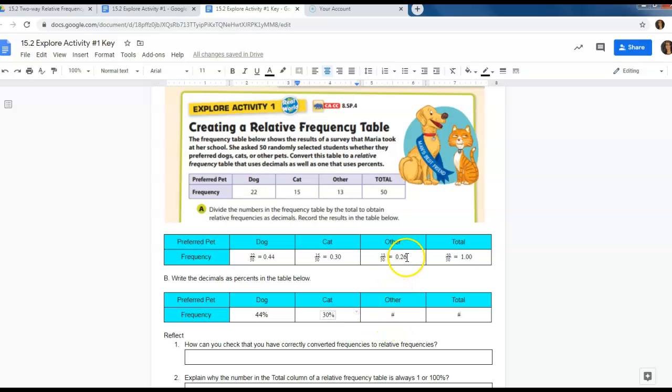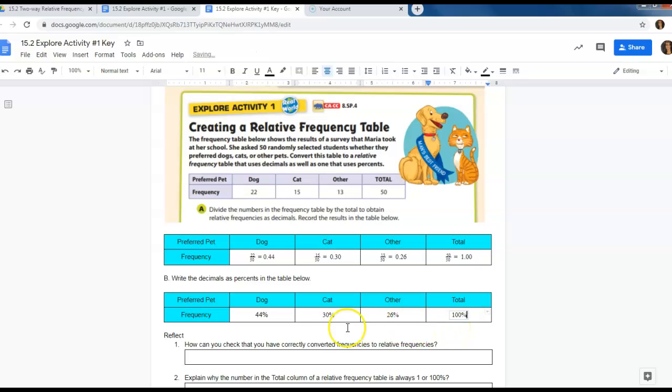And then here, 26 hundredths as a percent would be 26%. Notice how you can also check the total right here. If I add 44 plus 30, that's 74, plus 26, that's 100. So I know the total is going to be 100%. But you can also see right here that 1 as a percent will be 100%.